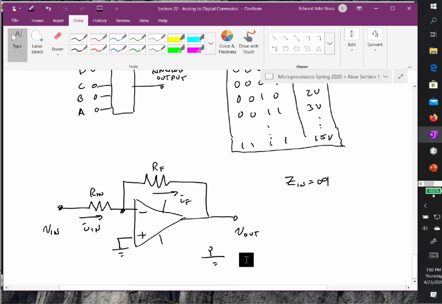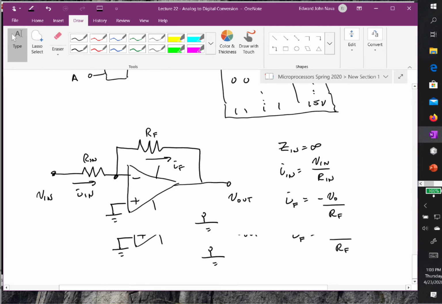So we know that IN is equal to VN divided by RN. And I know that IF, notice my direction, is equal to minus V out divided by RF. And those two are equal. So I know that IN is equal to IF.